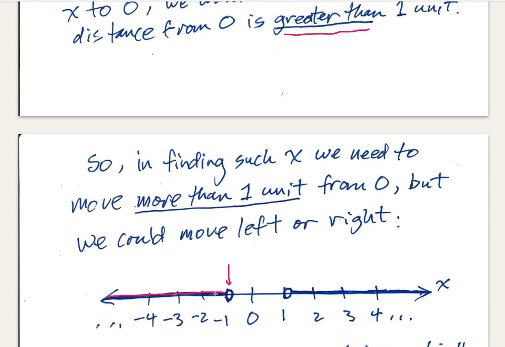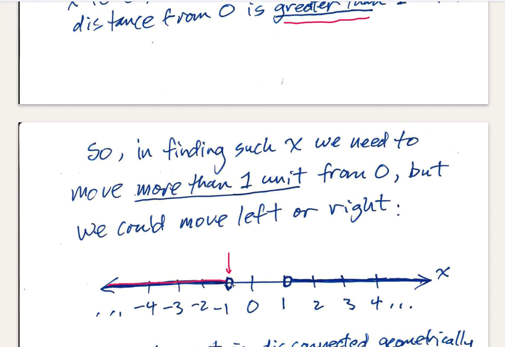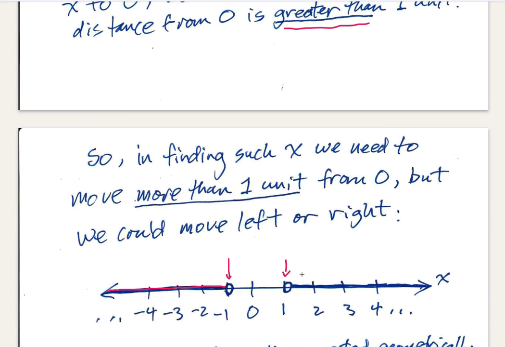So this is all shaded in, as you can see. Open dot at negative 1, but everything to the left shaded in. Now likewise, I could have come over here to the right. If I had gone to the right instead, I would think about stopping here at 1 and putting an open dot also, because 1 is exactly 1 unit from 0. But if I move any further to the right, then I've got values of x that satisfy my condition that the distance from 0 has got to be greater than 1, so I shade this direction also.